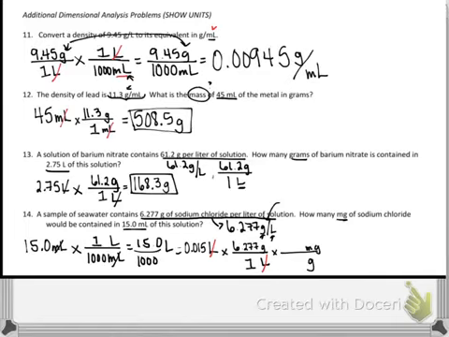How many milligrams are in a gram? We have 1,000 are equal to 1 gram. We can cancel out our grams, and now we're going to do our math. So now we take 0.015 times 6.277 times 1,000. And that's going to give us 94.155 milligrams.